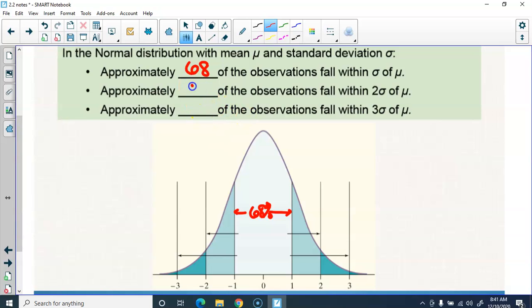Approximately 95%, I guess I should label these with percent, sorry. 95% is within 2 standard deviations, and 99.7% of observations are within 3 standard deviations. Anything outside of that range, there is some, like these tiny little tails on the end here, but it's very unusual for a data value to be that far away from the mean.